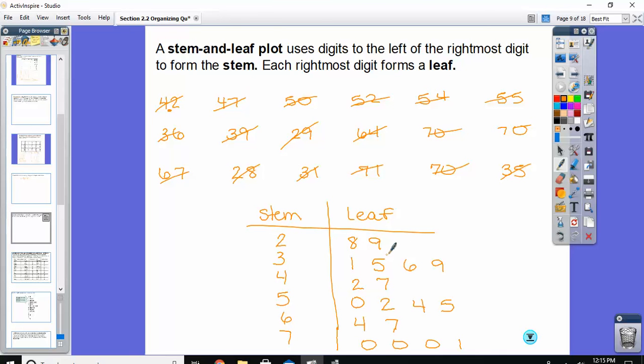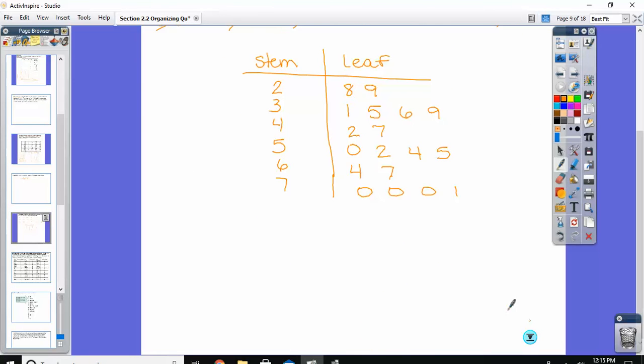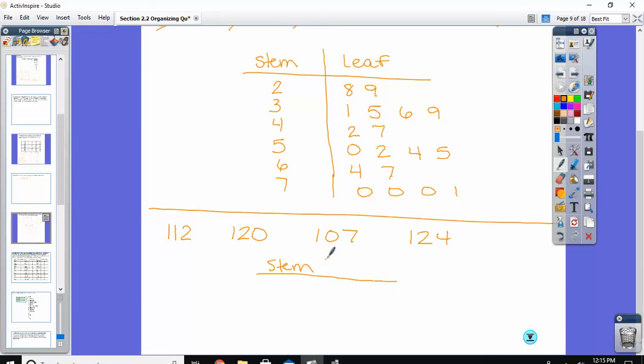If I had numbers like 112, 120, 107, 124, then my stems would be like 10, 11, 12, and my leaves would just be the rightmost digit. Does that make sense?